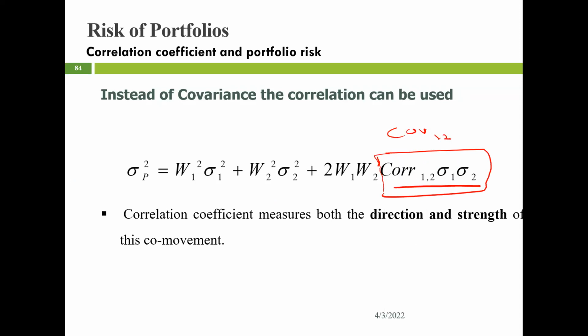Now, correlation coefficient and covariance, both we are using to measure the co-movements of two stocks' returns. But like in the variance and standard deviation, the correlation coefficient is better. I think you could remember that variance and standard deviation, both we are using to measure the risk.